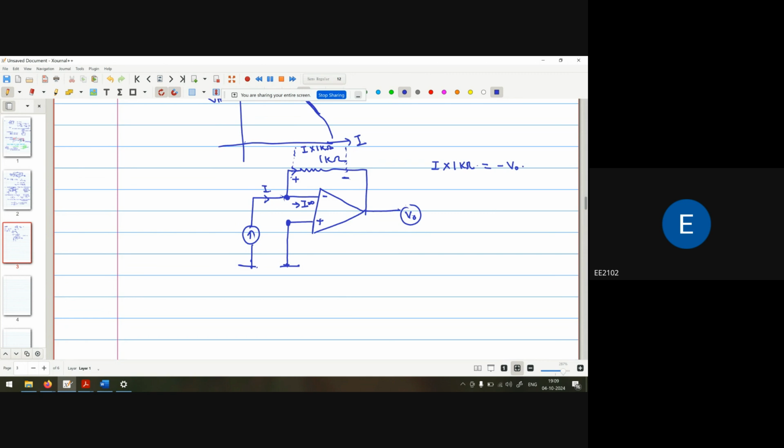That means I is minus V naught upon 1 kilo ohm. Now what is the value of V naught? 5 volt. So 5 volt divided by 1 kilo ohm is equal to minus 5 milliamp. Getting it? Yes, sir.